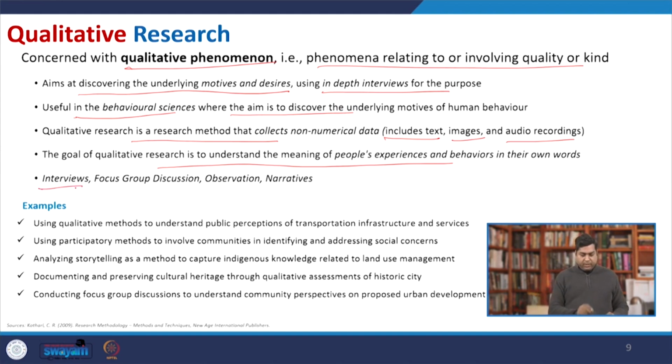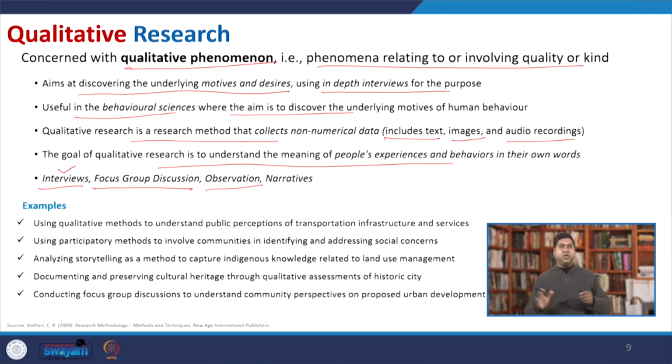So what are the different means of doing qualitative research? It can be an interview, or a focus group discussion, where we initiate a discussion and then try to come out with a solution that everyone believes is the most potential solution for the given problem. It can be only observation.